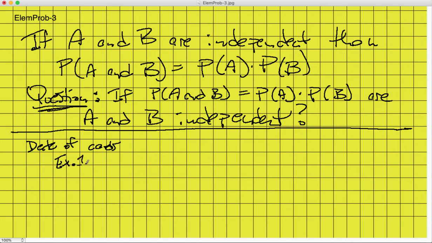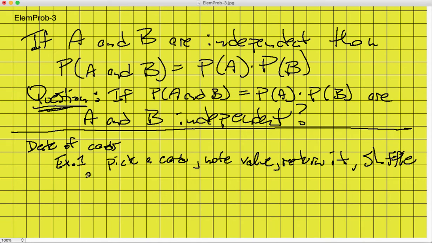In experiment 1, I pick a card, I note the value, I return it, shuffle, and draw a card. And I ask, for example, what is the probability of a 10 of diamonds followed by a 5 of hearts?